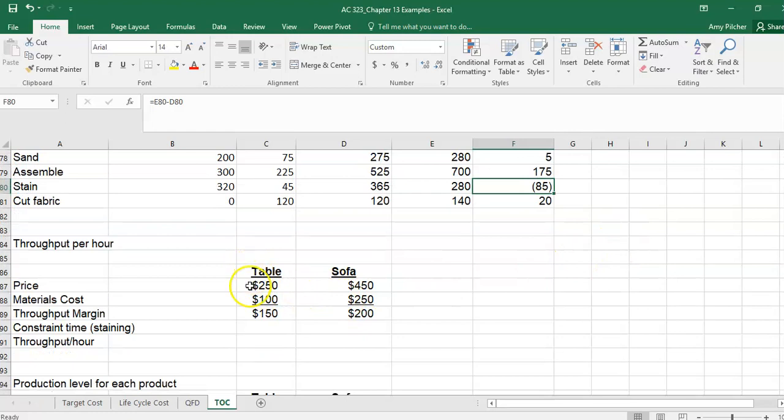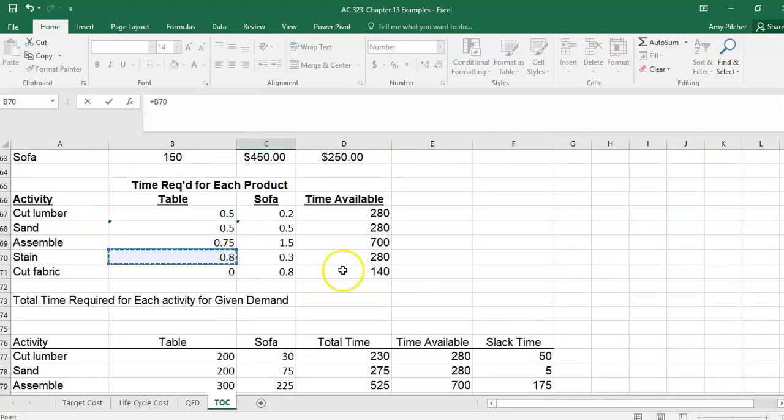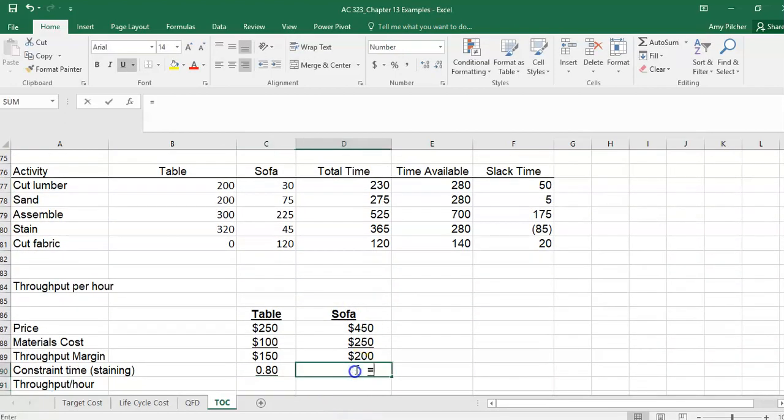So we have the price of tables and sofas, the cost of materials. We take the price minus the cost of materials, and that gives us the throughput margin. Our constraint is staining. So we're going to look at the amount of time that each item spends in staining. So a table is 0.8 and a sofa is 0.3.